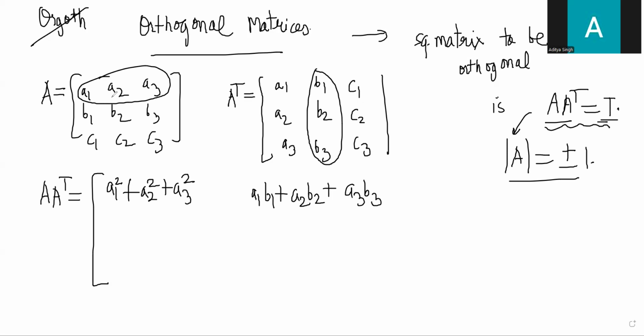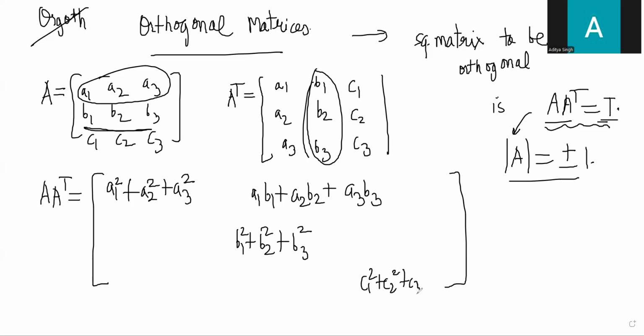And the third one would be A1 C1 plus A2 C2 and so on, right? Notice that the middle term here, which is the product of this with this, will again be B1 square plus B2 square plus B3 square, correct? And similarly, C1 square plus C2 square plus C3 square, right?